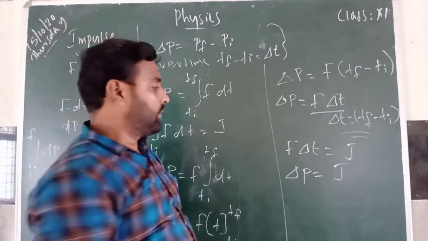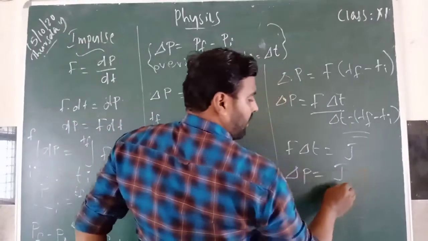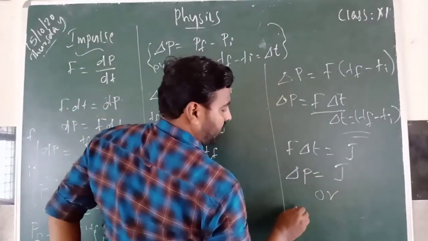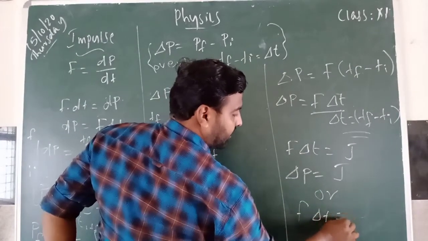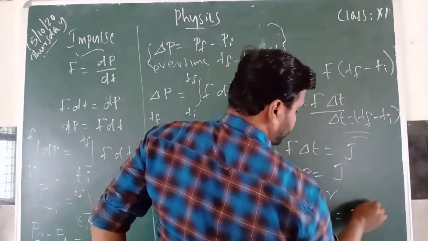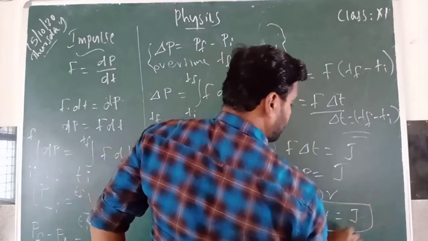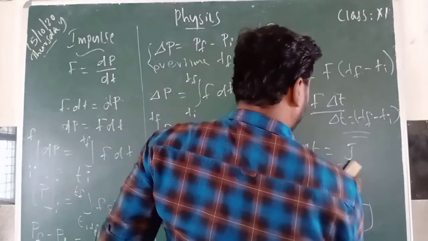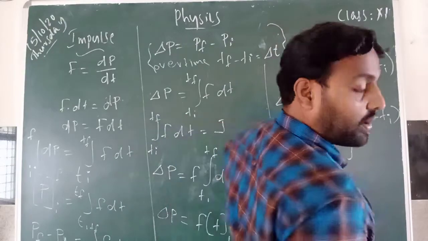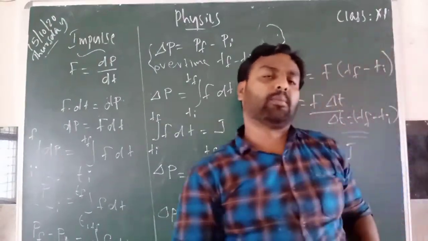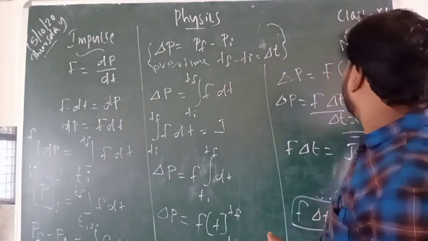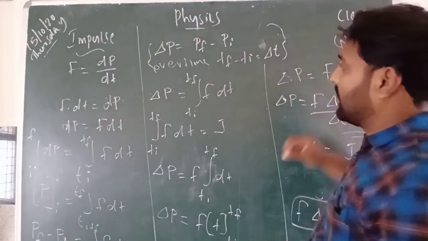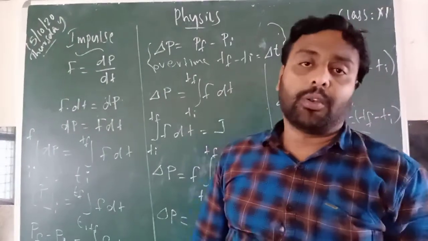Delta P is equal to J, or you can write F delta T is equal to J. This is the equation we are using for impulse. And impulse is a vector quantity. The unit we are using is Newton second.